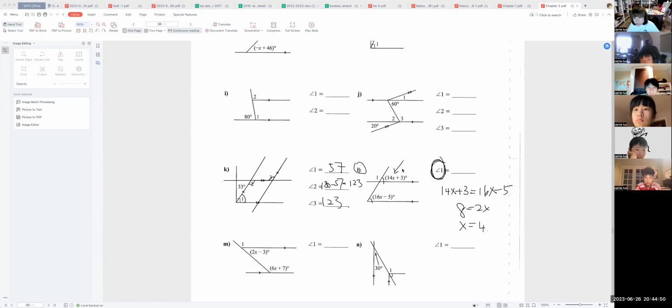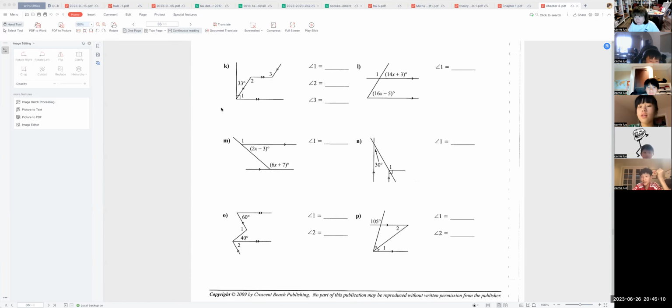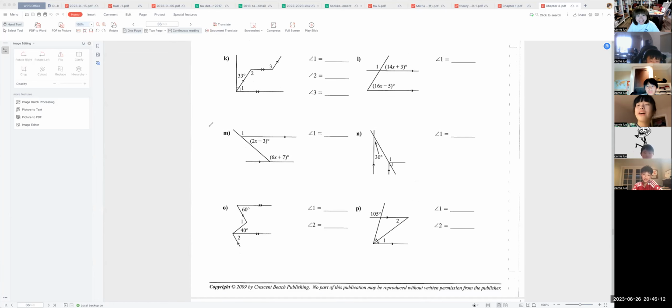Put x equals 4 here: 14 times 4 plus 3 equals 56 plus 3 equals 59. So angle 1 equals what? 180 minus 59 equals 121. Good job, Kevin. You were chatting but still working, which is good. I don't recommend chatting at all. Okay, number M and N, if you don't do it properly I'll get angry and turn everything off.